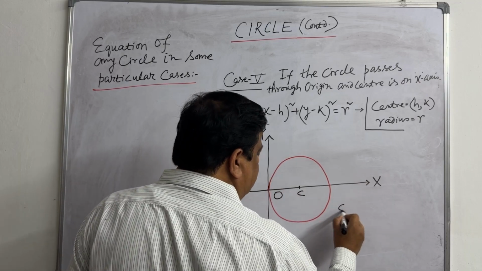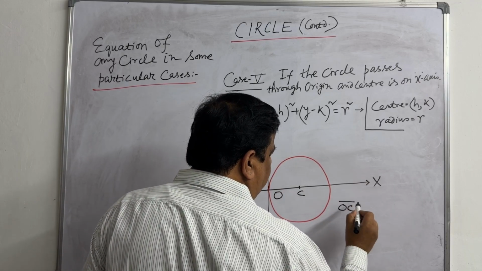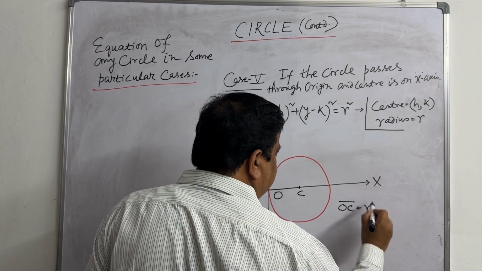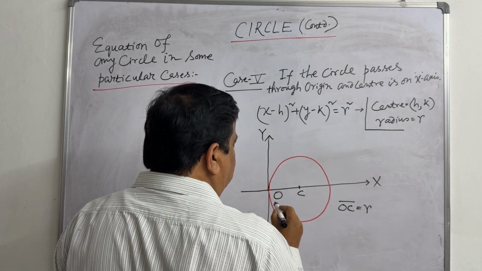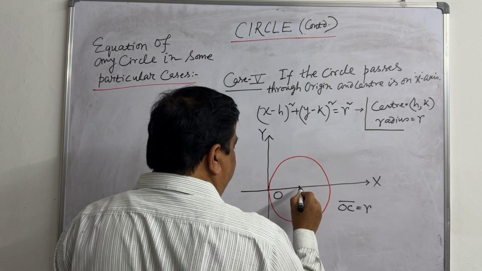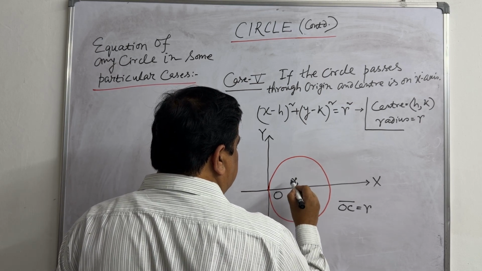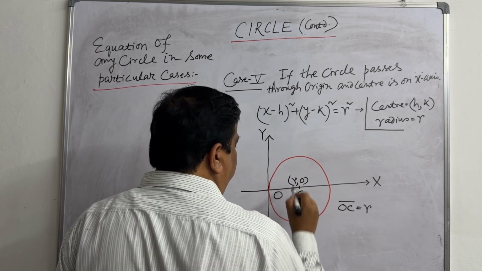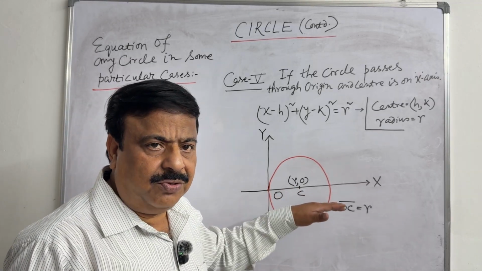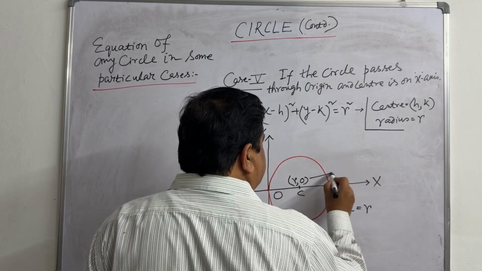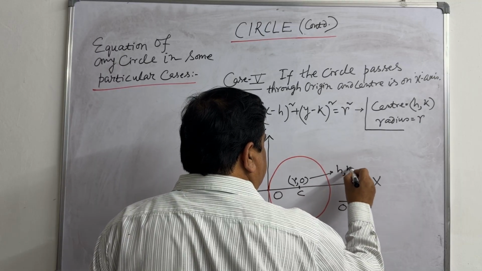Because OC is the radius of the circle, as C is the center. So what is the coordinate of C? Obviously it is (r, 0), because the ordinate of any point on the x-axis is 0, you know. And say this is (h, k).